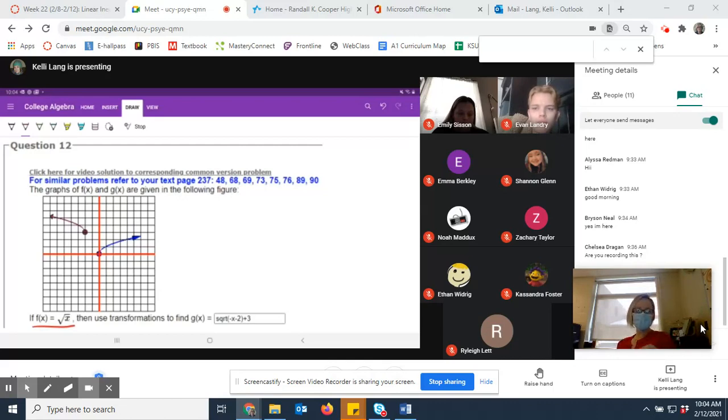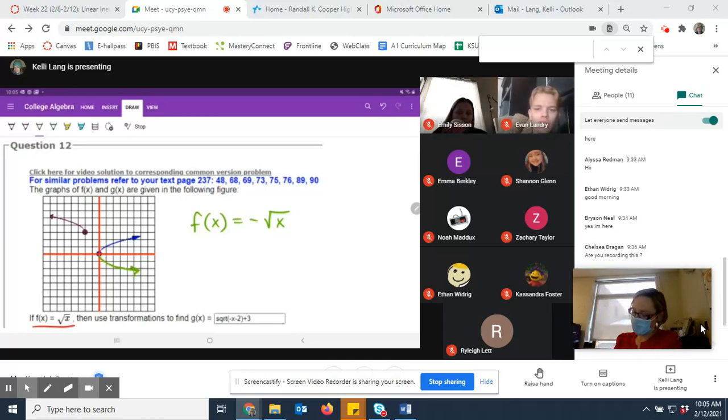Now, so far, all of the flips we've seen have been flips over the x-axis. But this one is a flip over the y-axis. And if you go back to your notes, you'll see that normally with flips over the x-axis, if we had the square root of x and we wanted to flip it over the x-axis so it would make it appear down here, we'd put the negative out front.